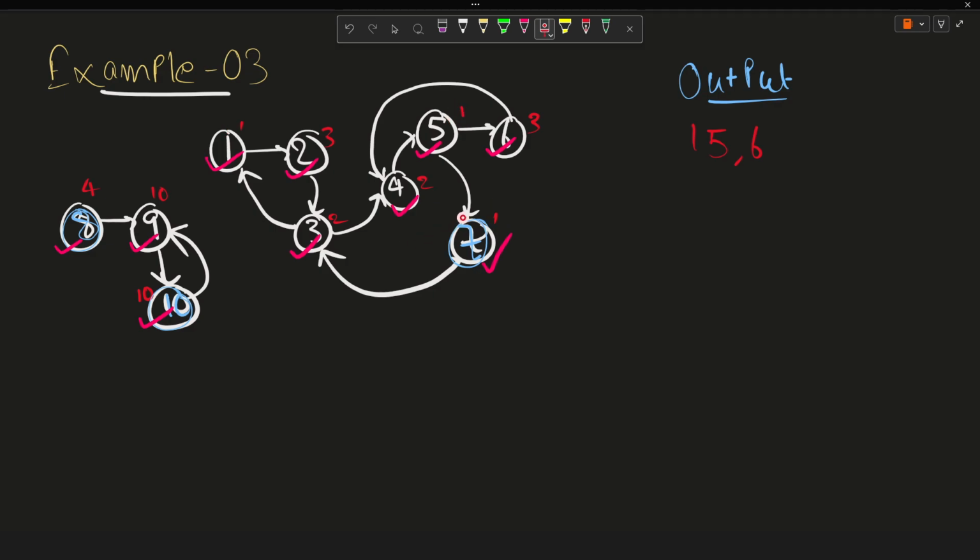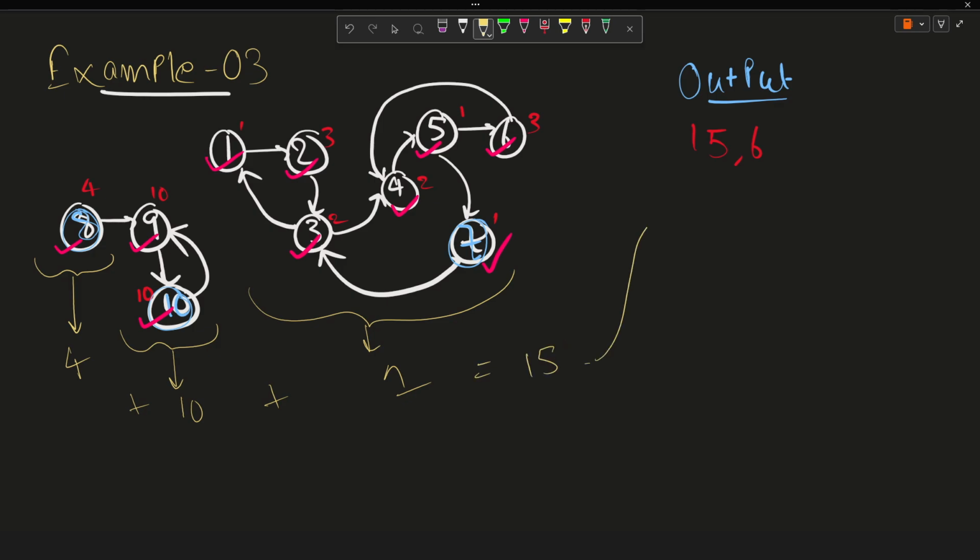So in order to protect each and every junction of this component, we need to spend just 1 rupee, because by spending that 1 rupee on that particular junction, we will be able to reach every other junction and thereby protect all of them also, right? So that's why for each strongly connected component, we will take the minimum value of it. The minimum we got for this strongly connected component was 1. For this we got 10, and for this we got 4. So that's why 4 plus 10 plus 1 was 15, which was our output.